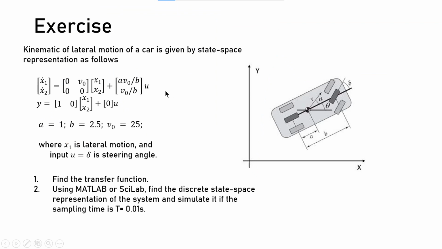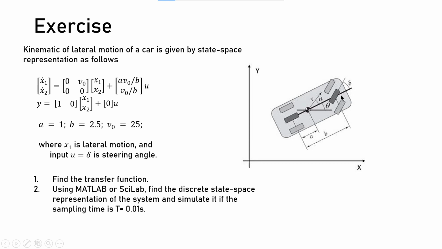Okay, so let's do the next exercise. In this exercise, you are given a state space model of the kinematics of lateral motion of a car, where h1 is lateral motion and input u is steering angle.